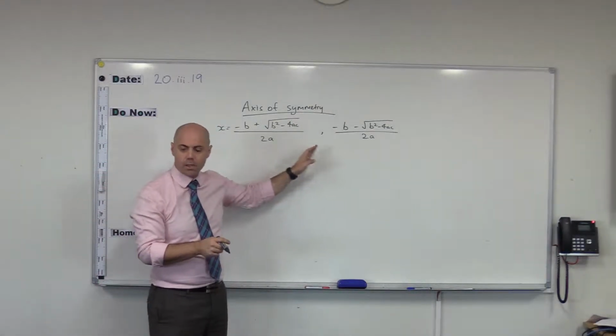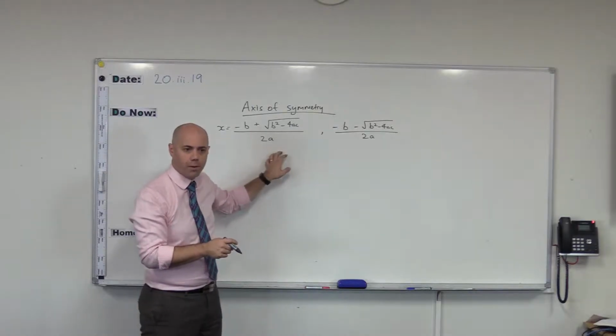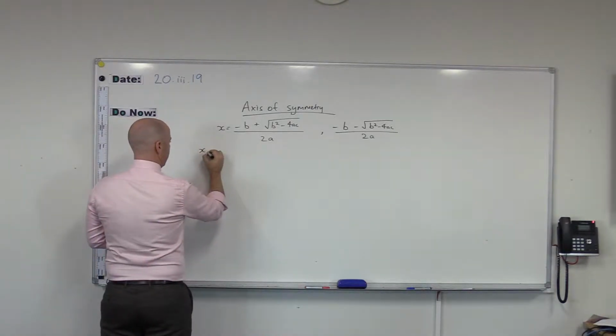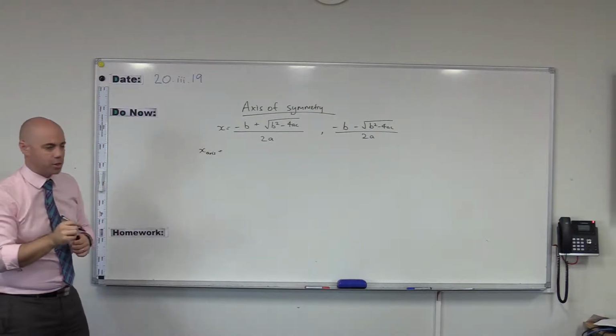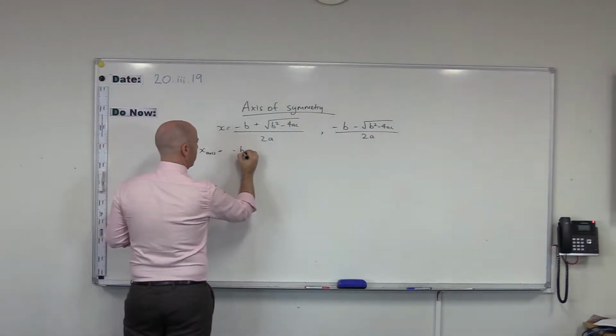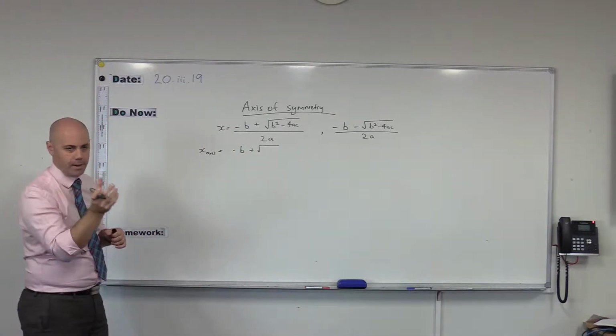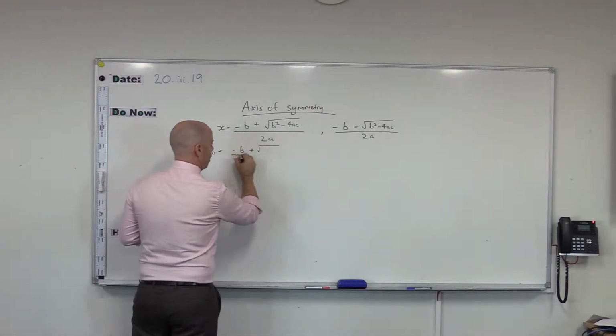So let's find the average of these two. The x value at the axis is negative b plus the square root, and just for ease, I'm going to leave that blank, but we know that's in there, over 2a.